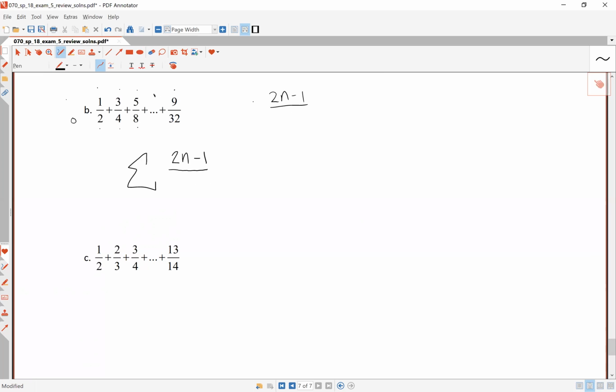Those are powers of 2. 2 times 2 is 4, 2 times 4 is 8, 2 times 8 is 16, and 2 times 16 is 32. Those are 2 to the power of n. And we've gone from 1, 2, 3, 4, up to 5. So we go from n equals 1 to 5.